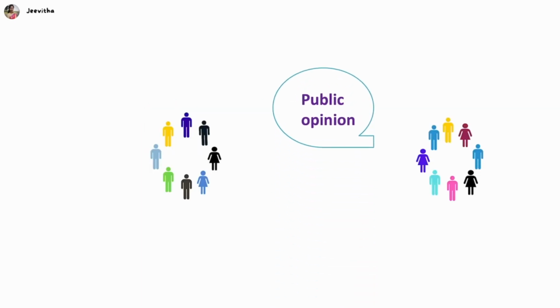They target a few people and look for public opinion, asking them to vote for whichever political party they are interested in. They tell their opinion, and based on that opinion, they decide which political party is going to be the ruling party in India. So they took a sample from a population and took the opinion of the people. This is one instance which explains what inferential statistics is.